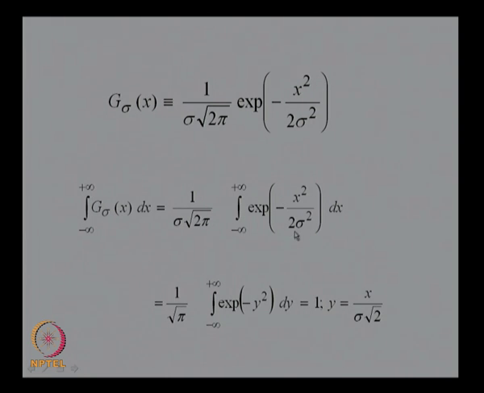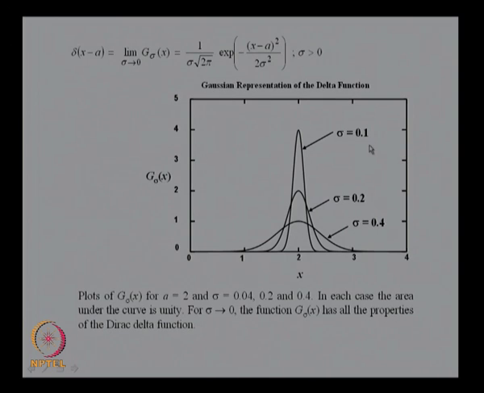This is obvious if I take the integral under the curve. I put y is equal to x by sigma under root of 2. So, this becomes a very simple integration with the formula that I had given you earlier, and this integral is 1 irrespective of the value of sigma. So, I plot this.